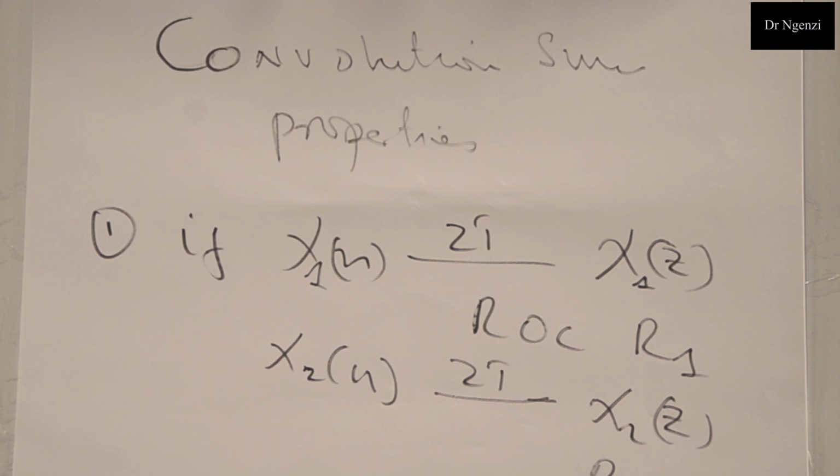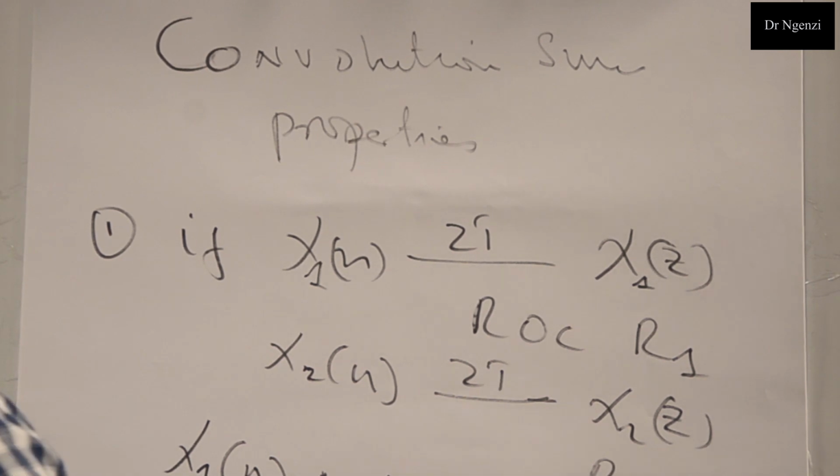So the convolution sum here is going to look like this. It's x1 of n with the convolution sum of x2 of n.